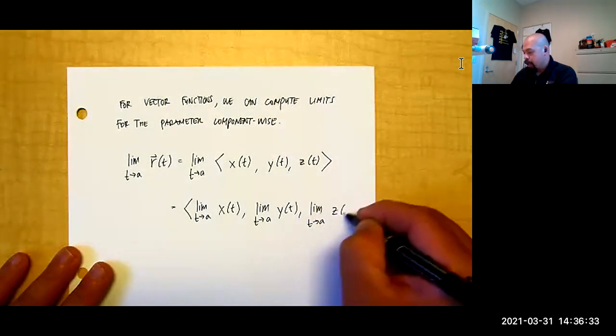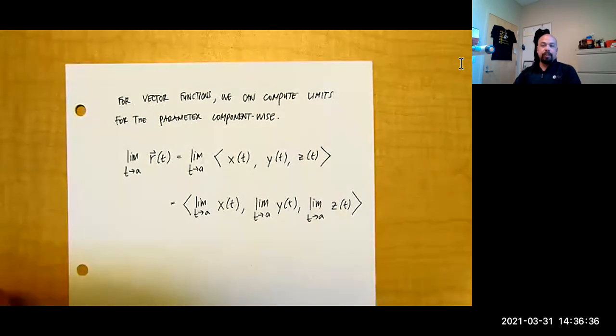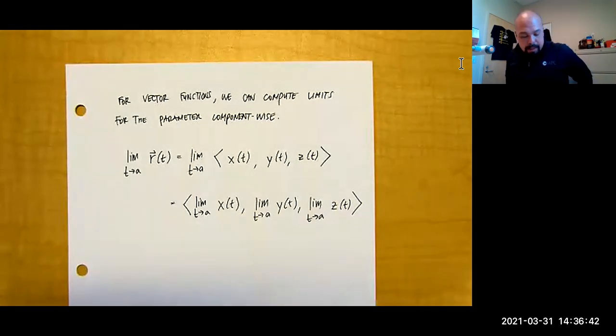So if we want to see, as t approaches 0, what is that curve, where is that particle heading, we can start to incorporate those limits. And our same limit rules start to follow. Later we'll build that into looking at derivatives.